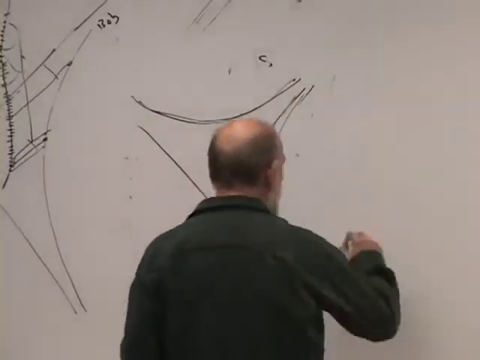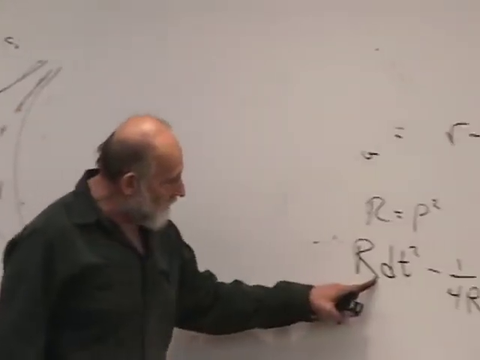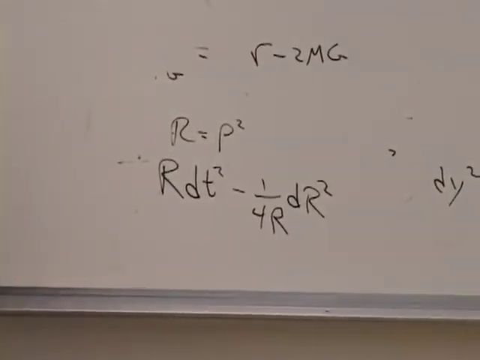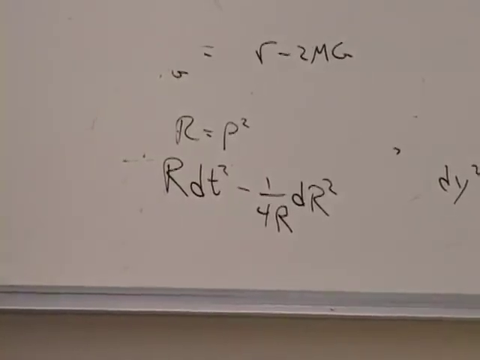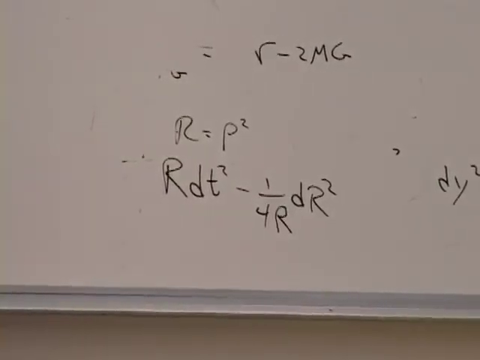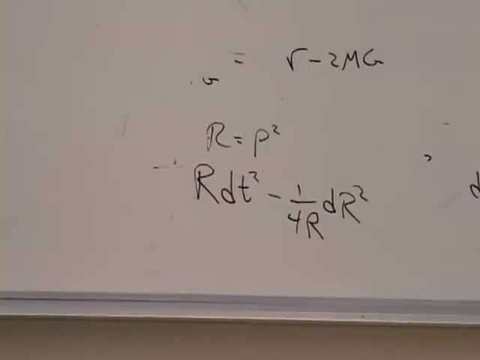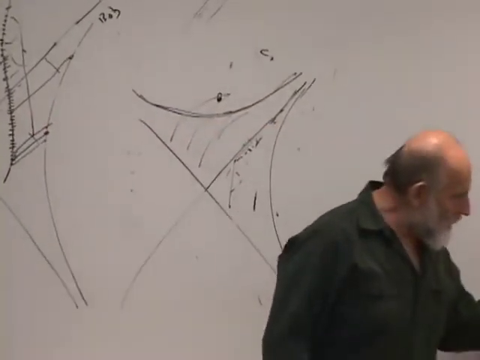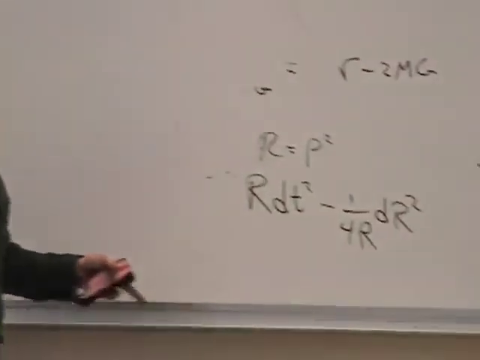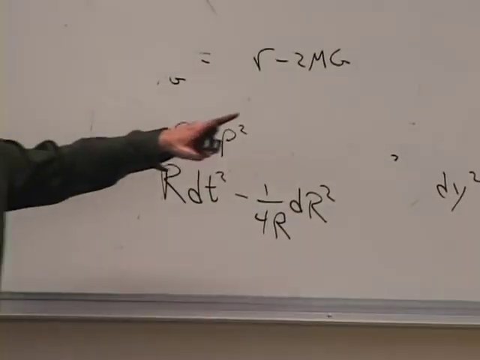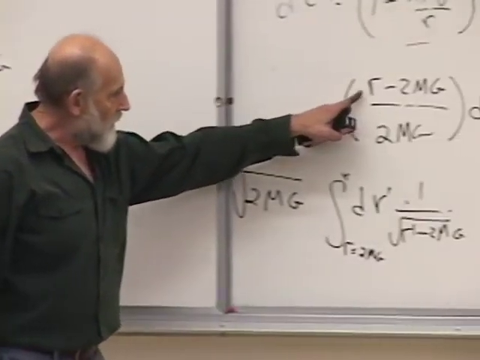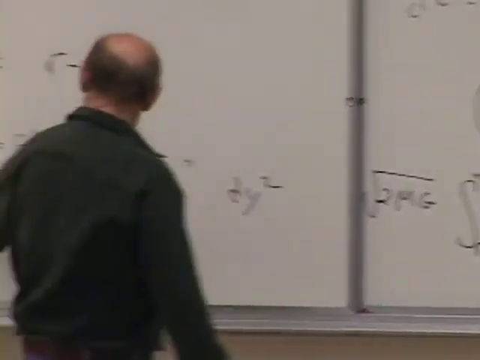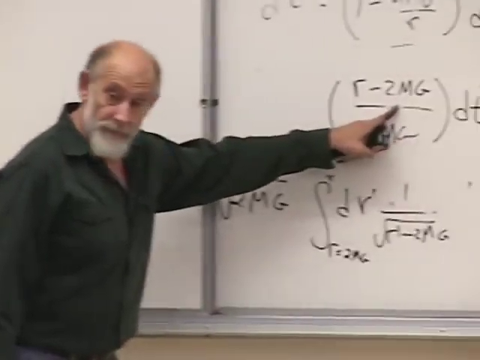Just to see what's going on, let's go back to this metric over here. Supposing if R is positive, then we're on the outside. If R is negative, we're on the inside. All right, so here's the inside, here's the outside. In this case, R being negative, it's different than little r being negative here. It's like R minus 2mg being negative. Big R is like r minus 2mg.